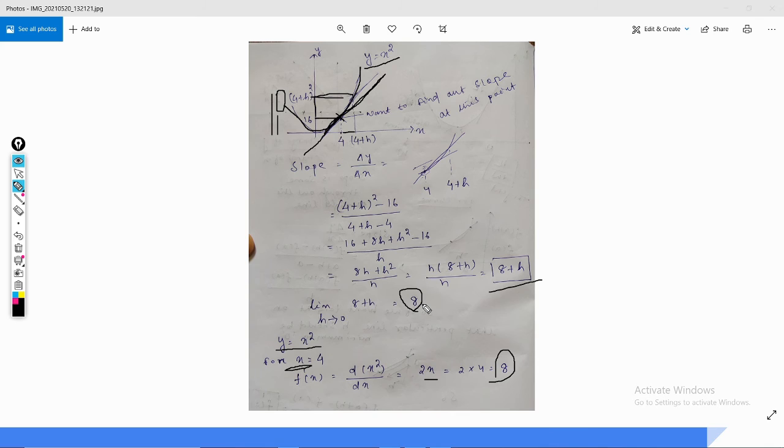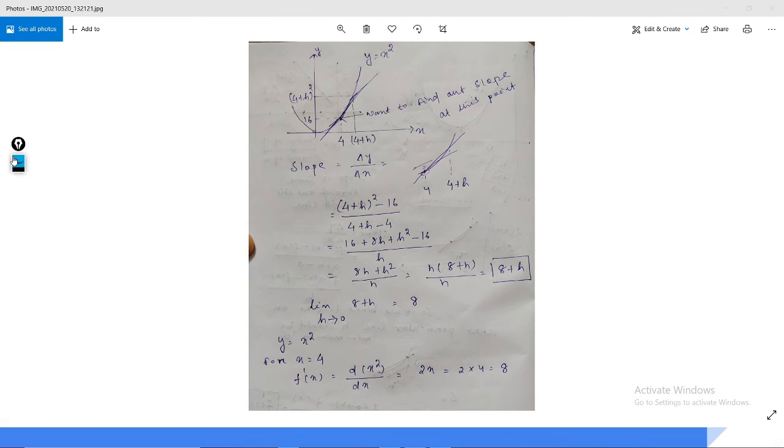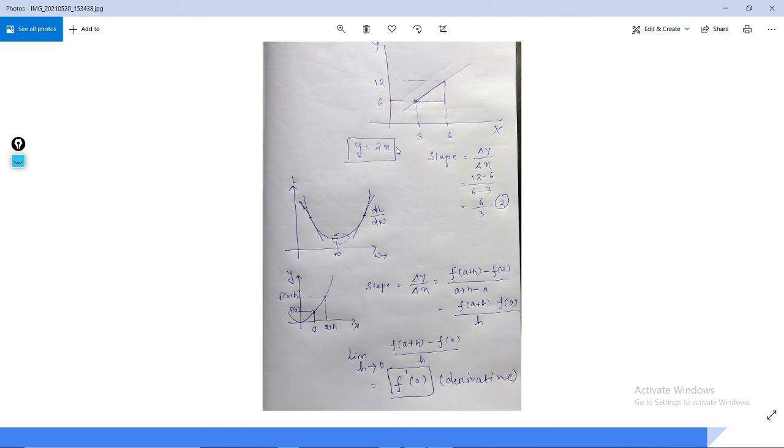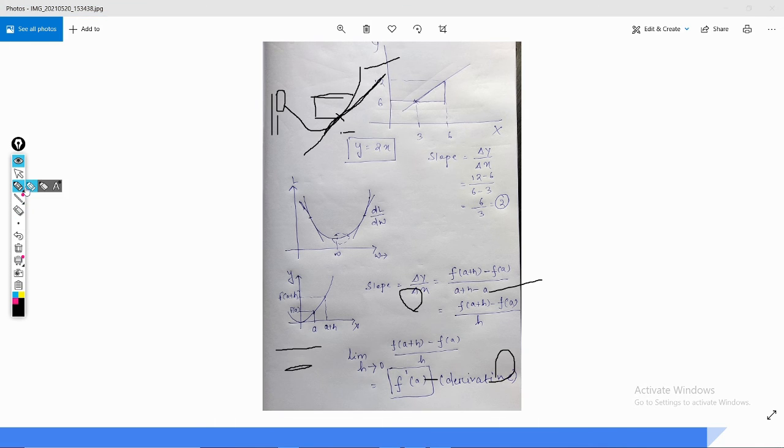So when we have to find the tangent on that particular curve, we need to find the derivative.